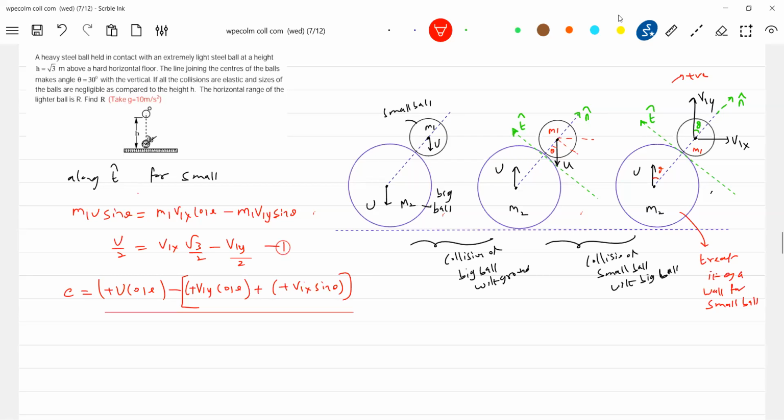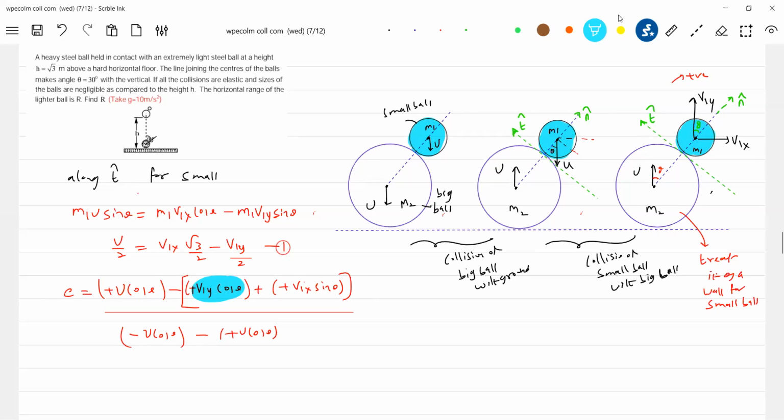What is the other equation? Minus u cos theta, that of the small ball. This is for the small ball. Okay, I'll give blue color. Such questions I think can be asked in the exam.